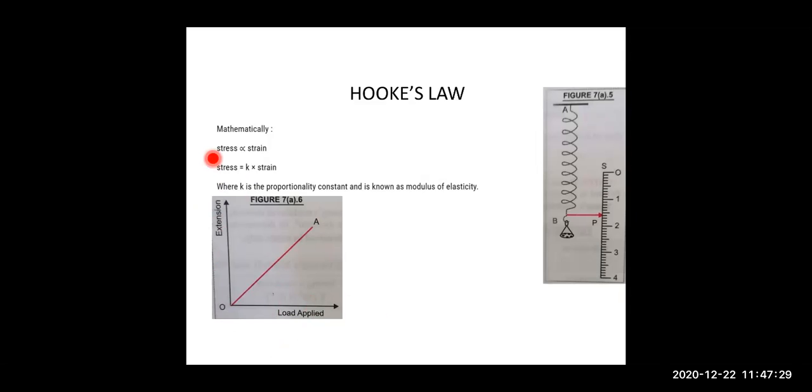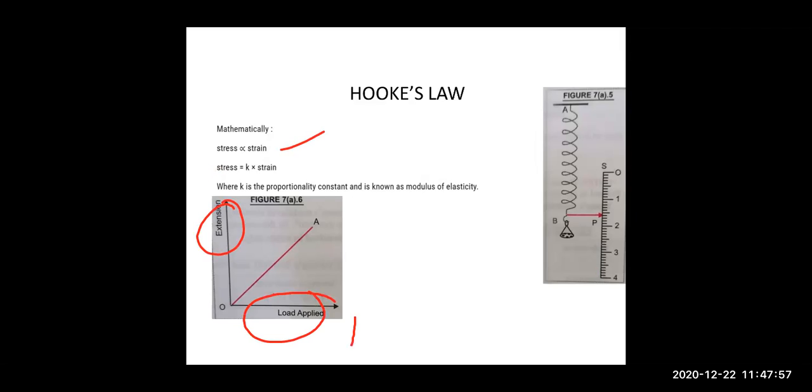That is, with the increase in the stress, the strain goes on increasing. So, stress and strain are directly proportional to each other. This is the statement of Hooke's law. So, Hooke's law says that the extension that is produced in the wire is directly proportional to the load applied.